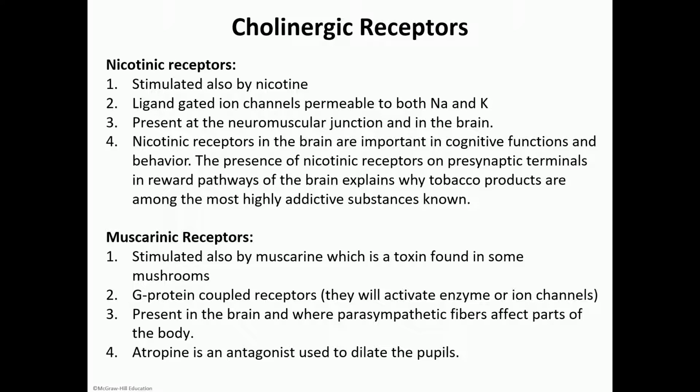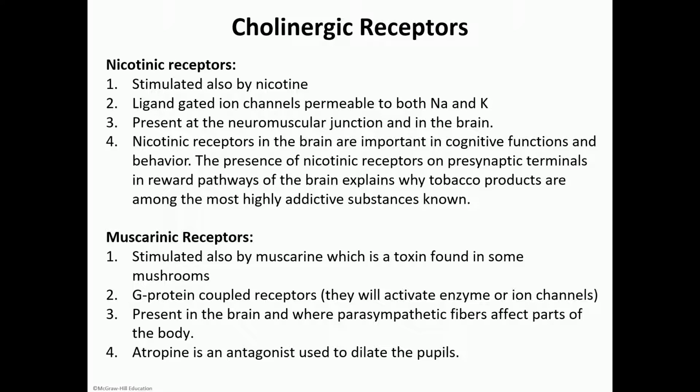Now, the second kind of cholinergic receptors are muscarinic receptors, named after muscarine, which is a toxin found in mushrooms. That muscarine toxin also stimulates those receptors. These receptors are G protein coupled receptors. They're found in the brain and in the parasympathetic fibers that affect the different parts of the body.